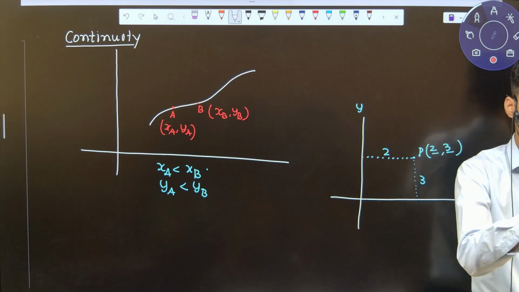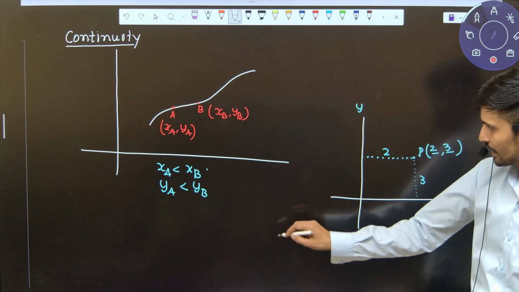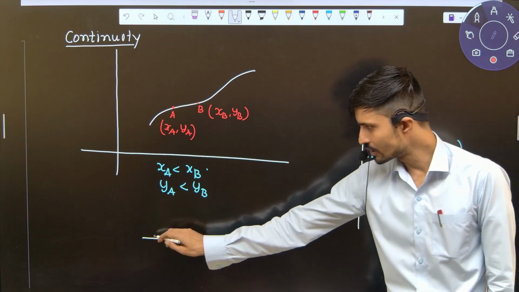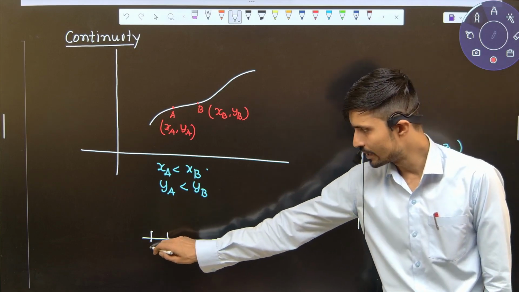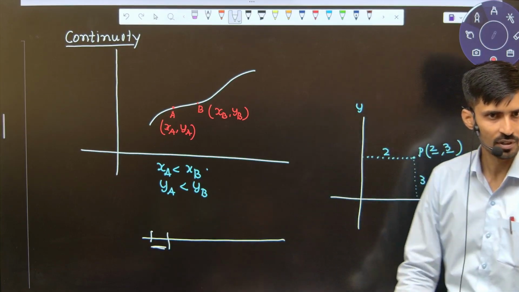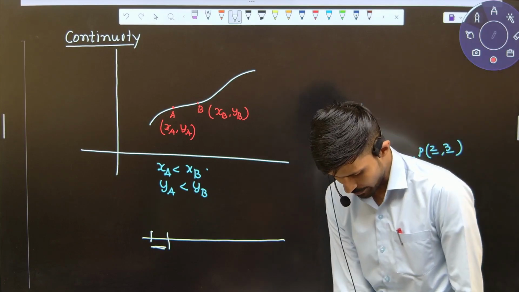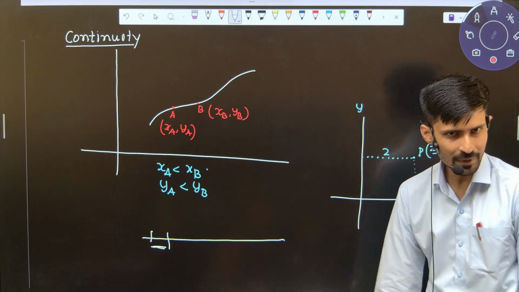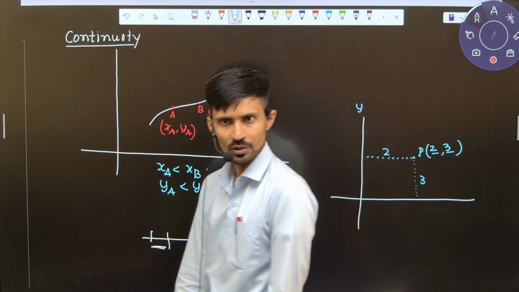Don't think according to time, think according to your feet. Like if you have to walk on this path, how will you walk? First of all, you will put your leg here, then next. So here is discontinuity there or not? After this step, directly we are going to the next. So between those two, some space is there, and in that space you haven't kept your leg. So discontinuity is there.